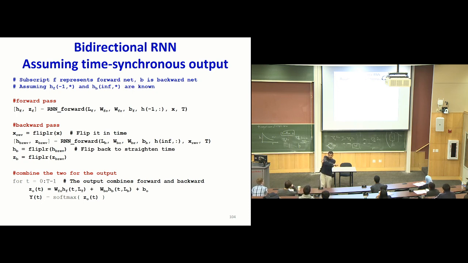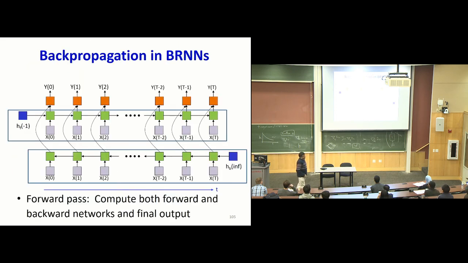Then you'd flip your input left to right and pass the flipped input back through the forward network, but now using the backward network's weights and variables. And now once that has been computed, you're going to flip them back to get them in the right time order. And then you can do the rest of your computation as before, right? So very straightforward.